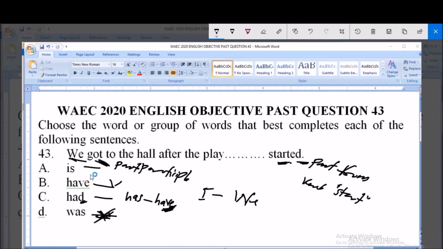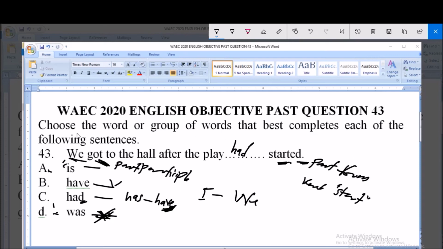So we don't even need another finite verb. Also take note that the past form of is is was. So we don't need any of these finite verbs. We only need an auxiliary verb or helping verb in this expression. And the correct auxiliary verb that can function grammatically in this statement is had.